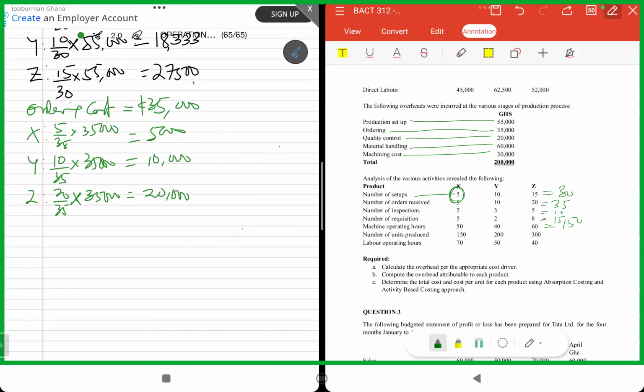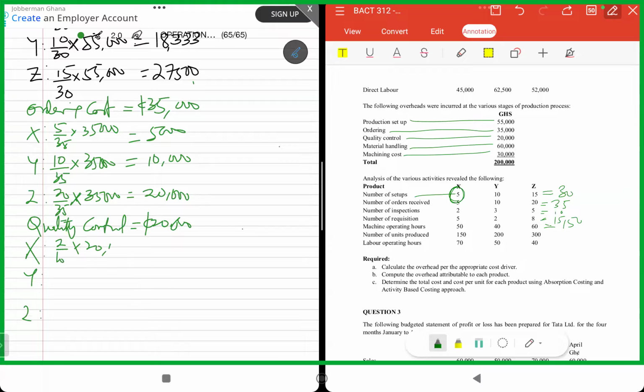All right, let's continue. What's the next overhead? The next overhead is quality control cost. What's the amount? 20,000. Let's be quick. X, Y, Z. So X is 2/10 times 20,000.